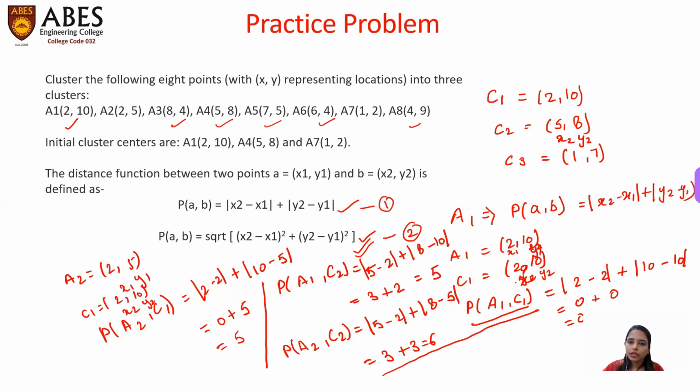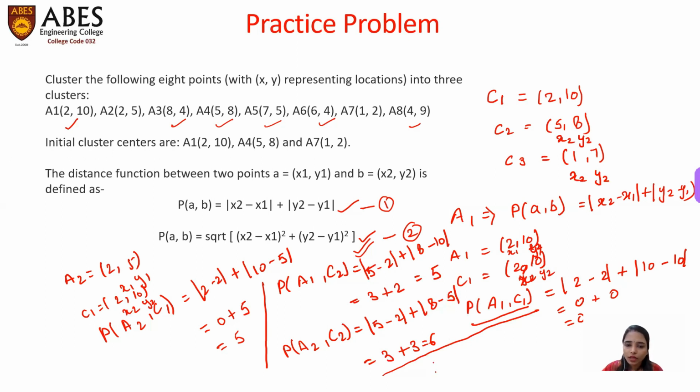Okay. So in case of cluster 3, x2 and y2 are 1, 7. So like cluster 1 and cluster 2, we will calculate the distance for all 8 data points from the center of cluster 3.